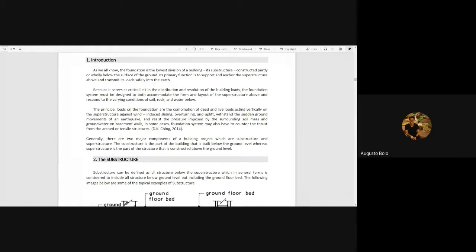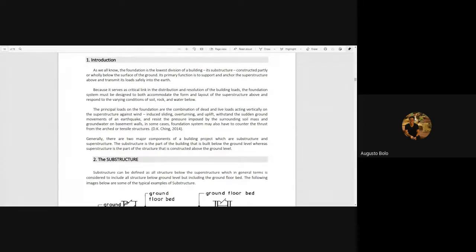Basically, this is the primary support of your building or your houses. This holds the lateral force from upward, diba? From any other parts of your structure. So, this is definitely constructed partly or wholly below the surface of the ground, primarily serves as a support and anchor of the superstructure.